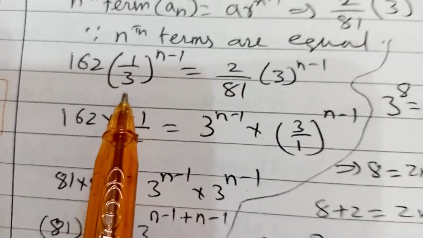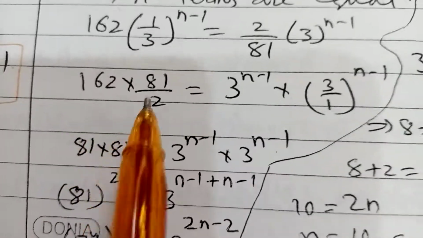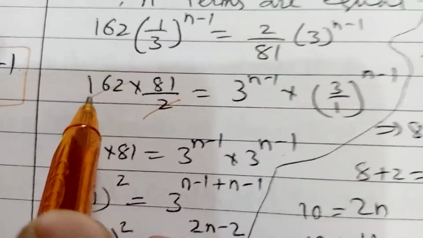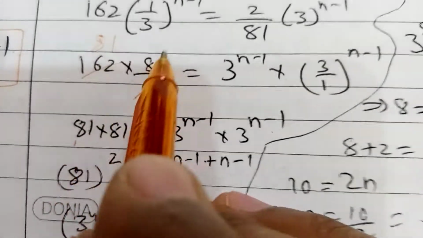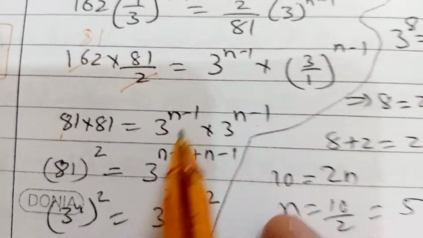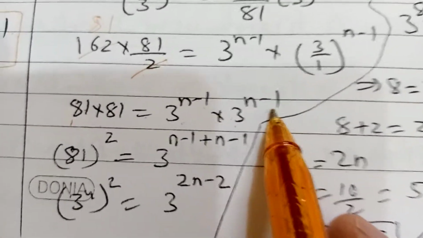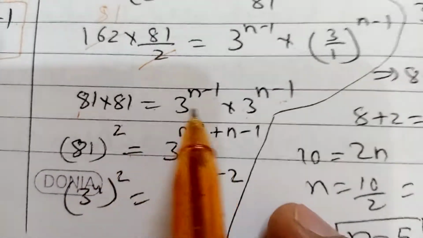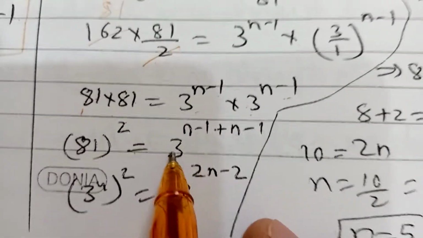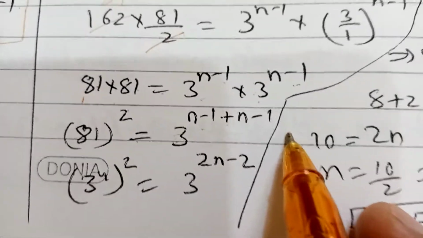This 1 by 3, when you divide, becomes (3 by 1) to the power of n minus 1. So 2 1s are 2, 81 2s are 162. So 81 into 81 is equal to 3 to the power of n minus 1 into 3 to the power of n minus 1. So 81 into 81 means 81 whole square is equal to, bases are the same, powers should be added, 3 to the power of n minus 1 plus n minus 1.